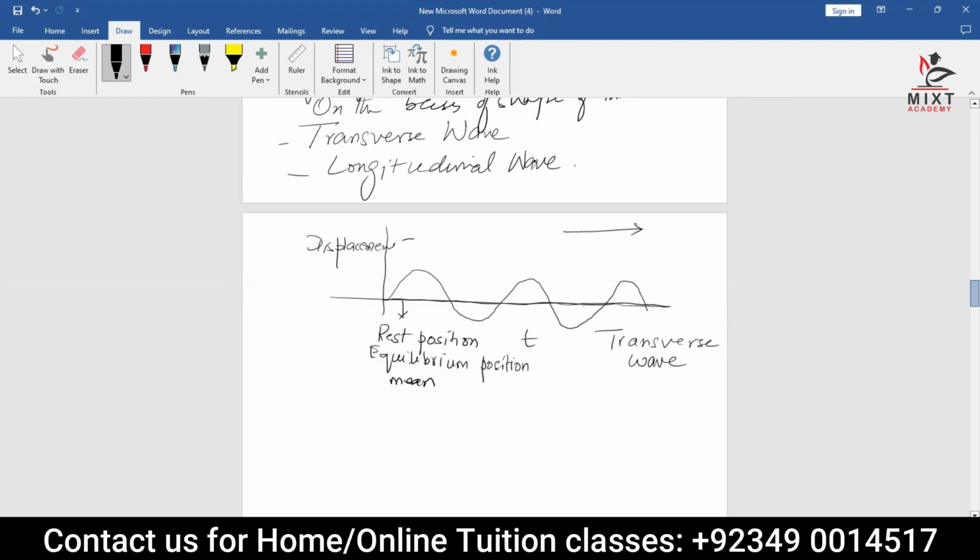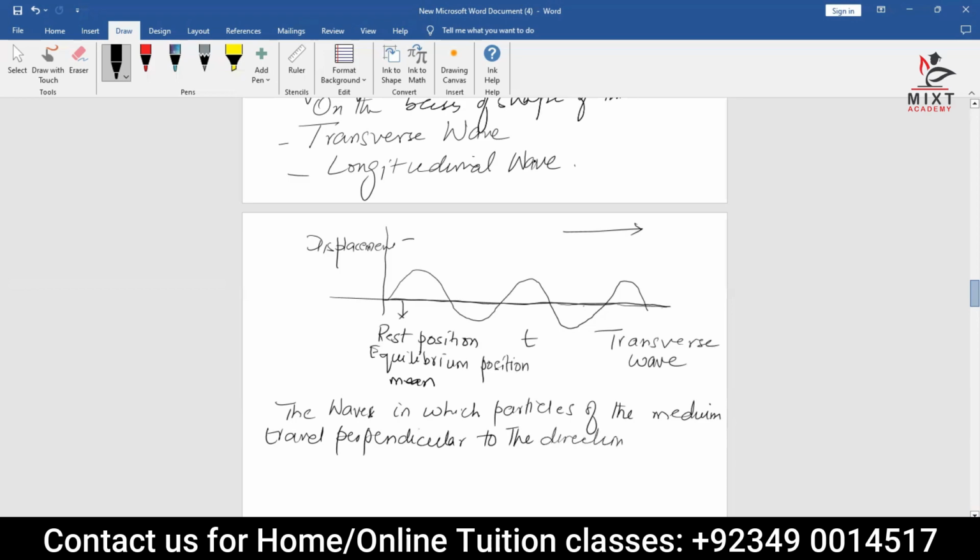So remember that the wave in which particles of the medium travel perpendicular to the direction of the motion of the wave, that type of wave is called transfer waves.